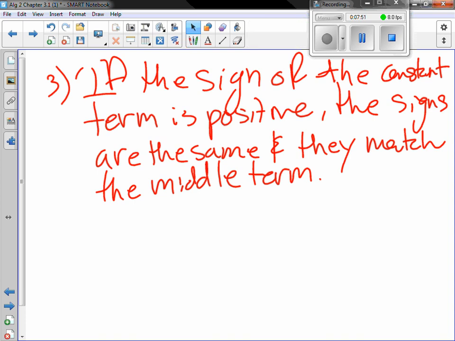If the constant is positive, the signs are the same and they match the sign of the middle term.